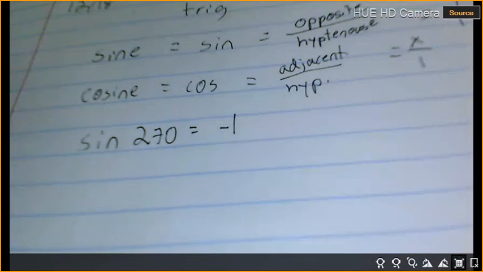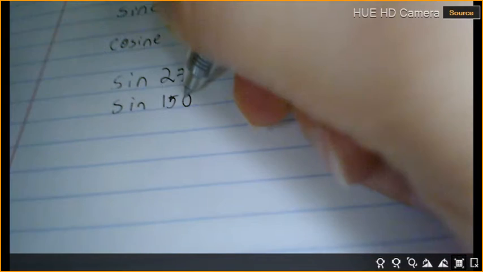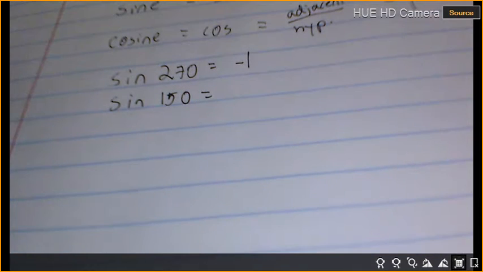Negative 1. So I went to my unit circle, I went to 270, and I went down, and I got negative 1 as the y value. All right, what about the sine of 150? What is it? 1/2.